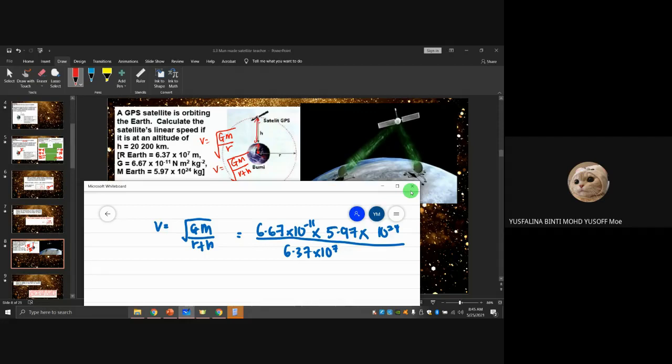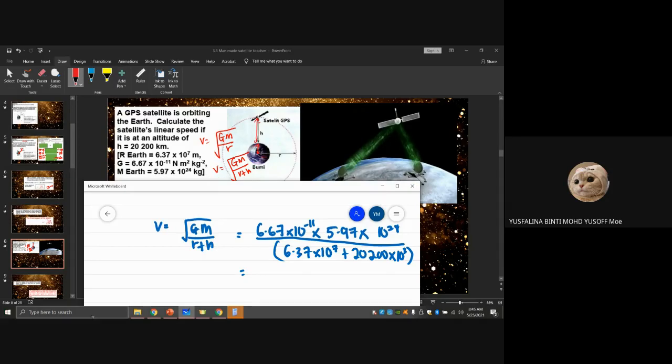So you have to change the unit to meter. Kilo is 10 to the power of 3, so if you just multiply by 1,000 also can, right? You have to change to meter because the radius of the Earth is in meter.